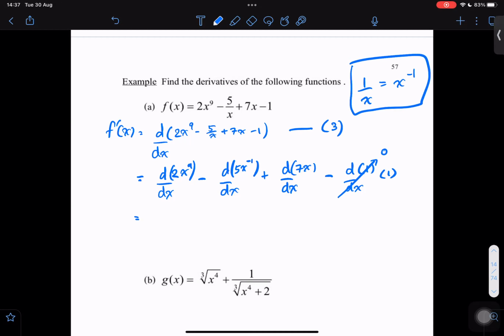So now it becomes 2 d of x to the 9 over dx minus 5 d of x to the minus 1 dx plus 7 dx by dx.